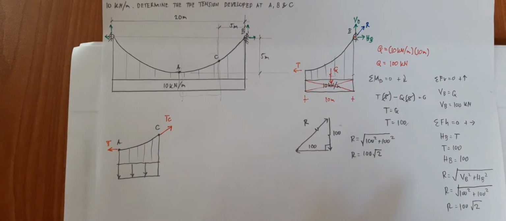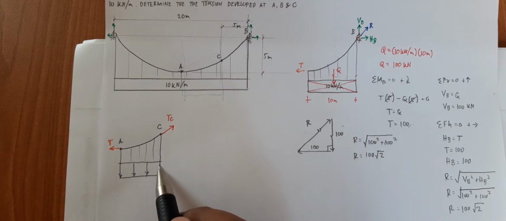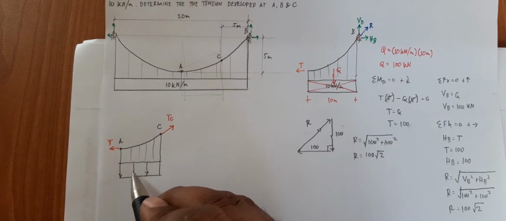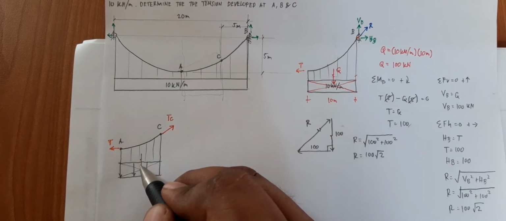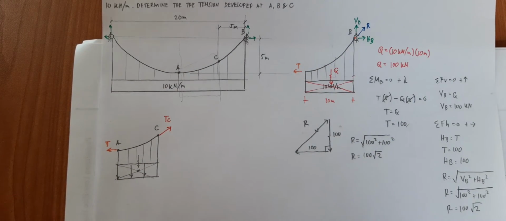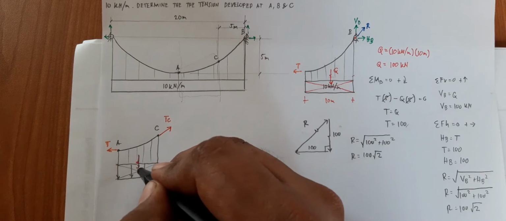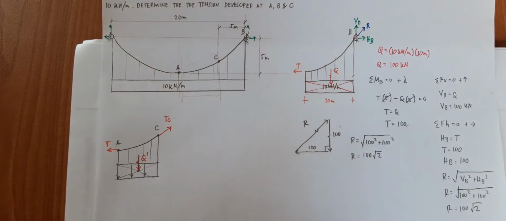Again, your equivalent concentrated load for your uniform load, which is 10 kilonewton per meter, would be acting at the centroid. Let's denote that one as Q prime.